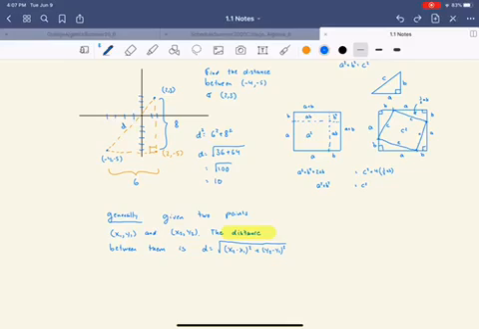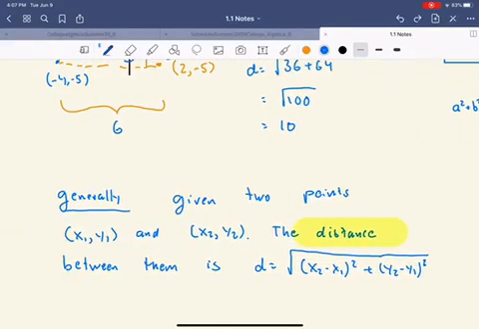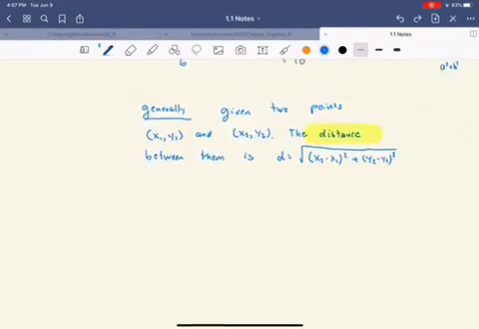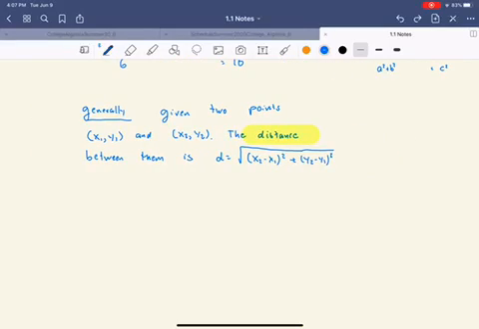Okay? All right, let's do a couple of examples. Let P be the point M comma B, and Q be the point B comma M. So we don't know what M and B are, but they're just arbitrary numbers.